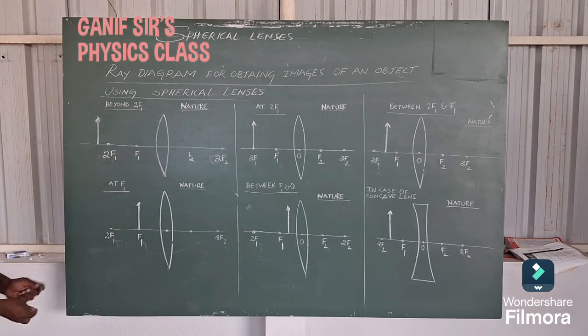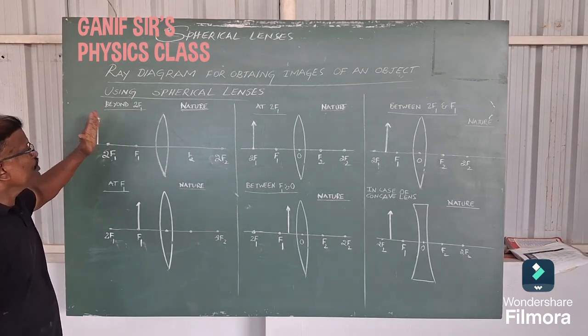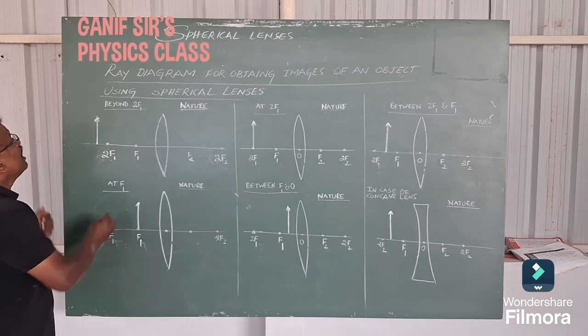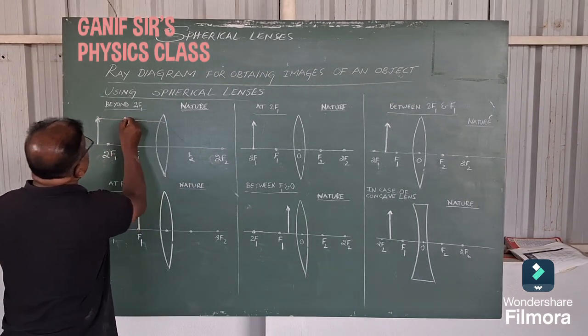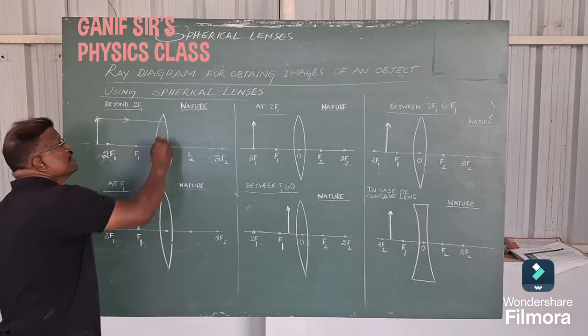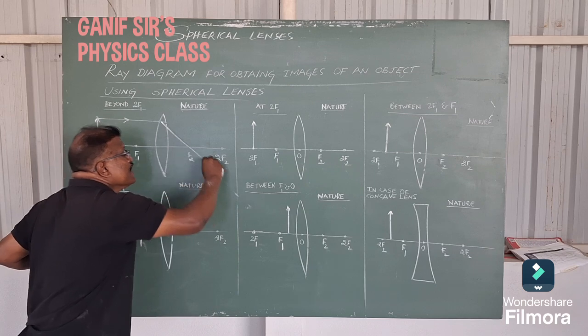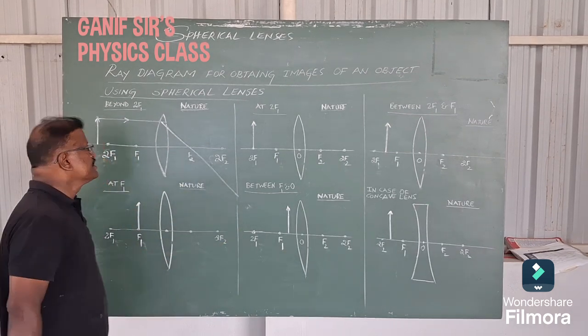Okay. Now I am keeping the object beyond C. Beyond C means beyond 2f1, and I follow the first rule. We state that when a ray is parallel to principal axis, after refraction it passes through the principal focus which lies on the other side of the lens.